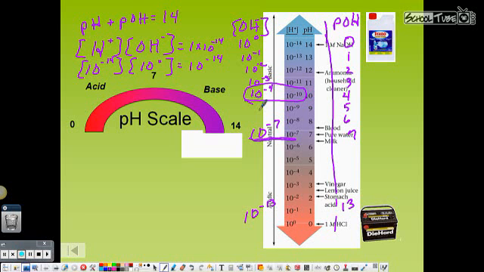So they kind of depend on each other. And there's always some of both things in there. Water is our neutral, and water has 10 to the negative 7 of each of the ions in it. It's not without those ions, they're just equal to each other at that point. Okay.